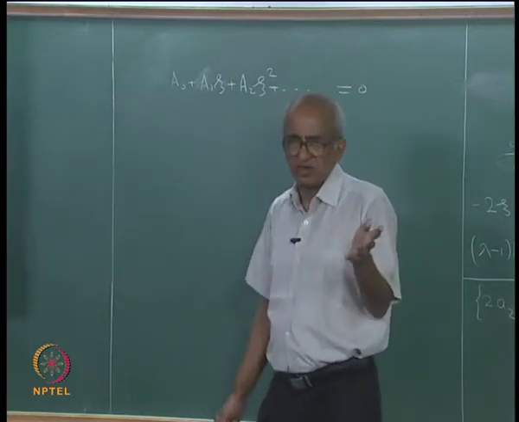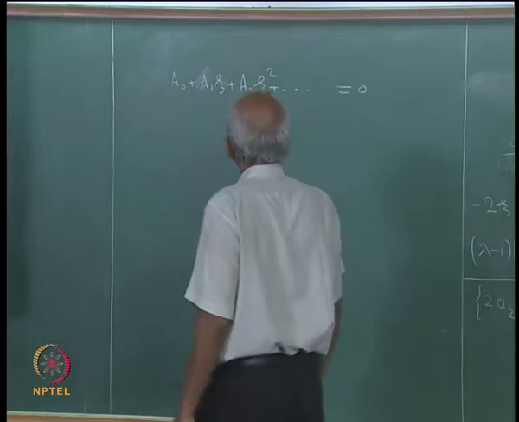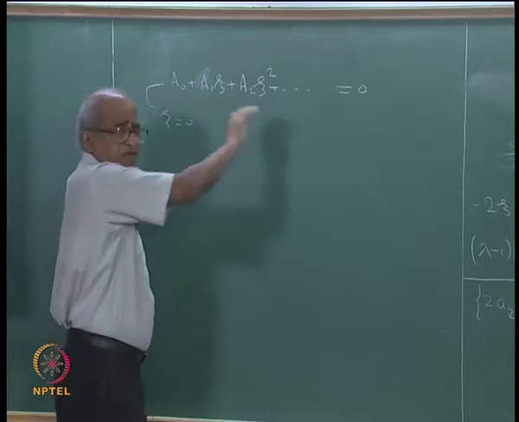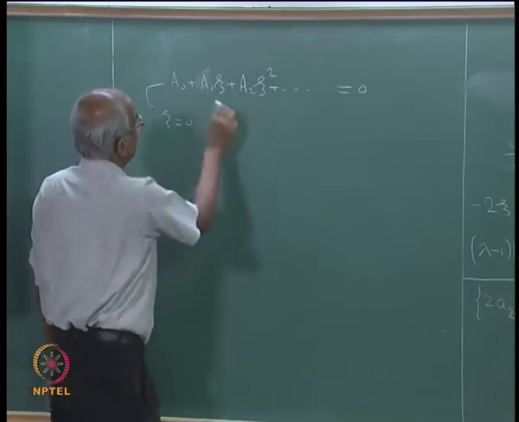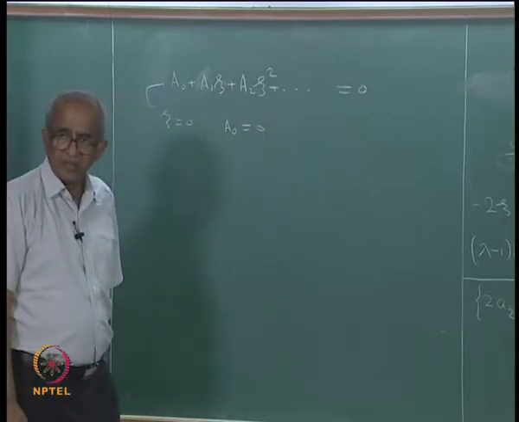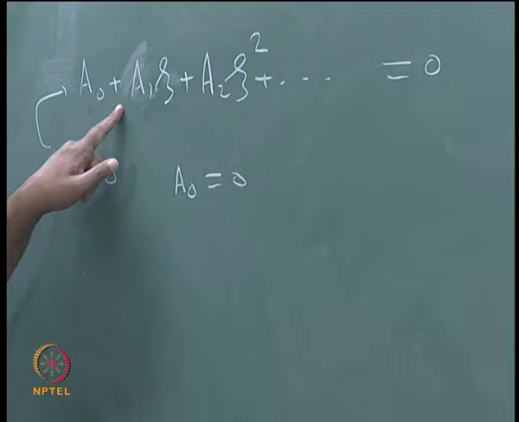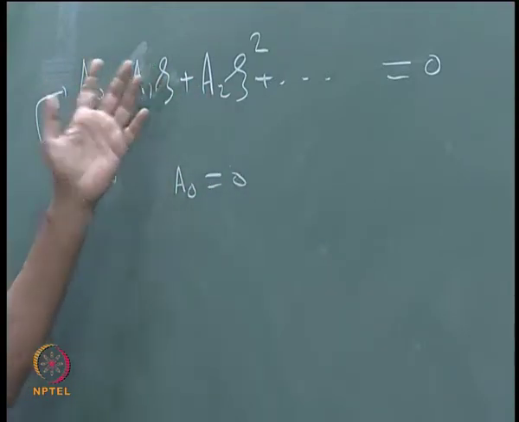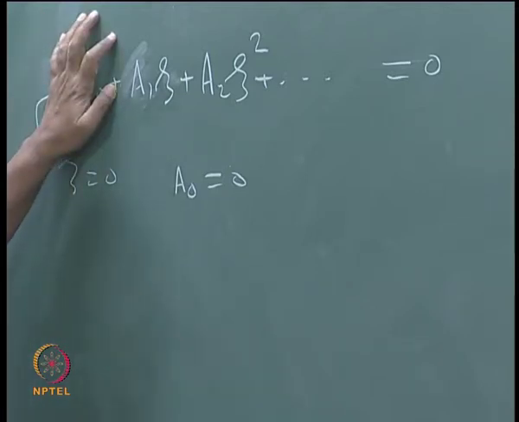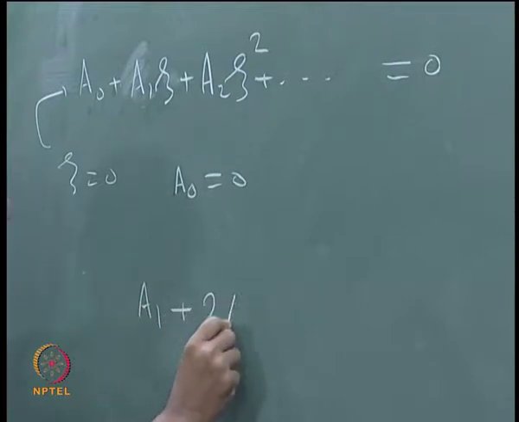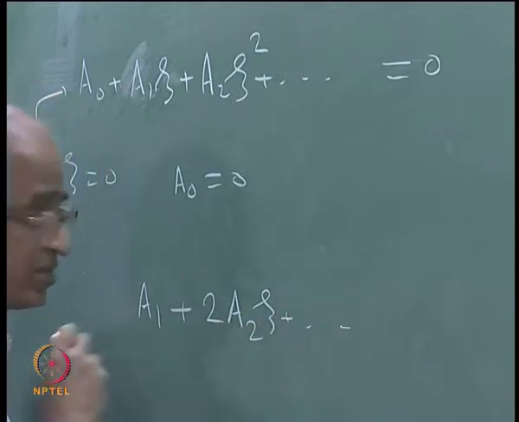That is the way in which this can be satisfied. It is not difficult to prove this. If you want to prove it, first you put c equal to 0 into this equation, because this equation is valid for all values of c. If you put c equal to 0, you will find that a0 is equal to 0. Then you differentiate this with respect to c, because this is valid for all values of c. If you differentiate, the first term will go, the next will be a1, then 2 a2 c plus etcetera, and you put c equal to 0.